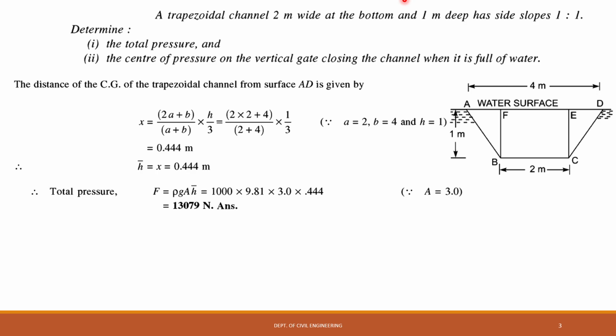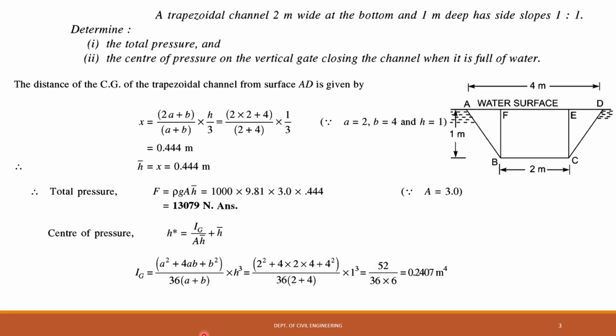Now we need to find out the center of pressure. What is the equation? Equation is H star is equal to Ig by A H bar plus H bar. Here Ig is the moment of inertia of the trapezium about its centroidal axis. For that you have a direct formula for Ig. Substitute all the values, you will be getting Ig value as 0.2407 meter raised to 4.